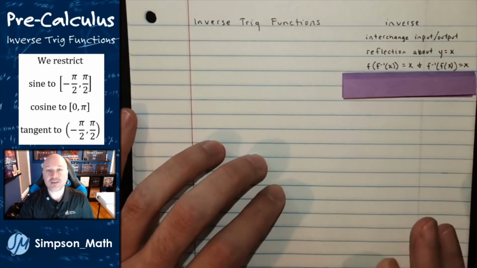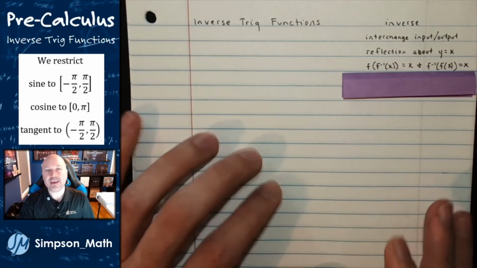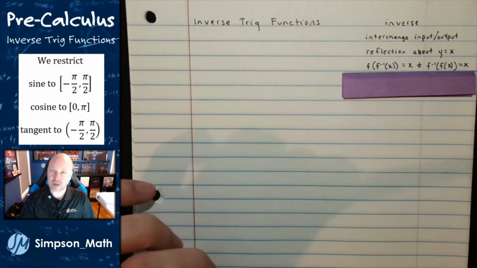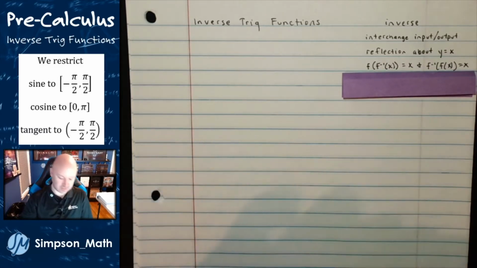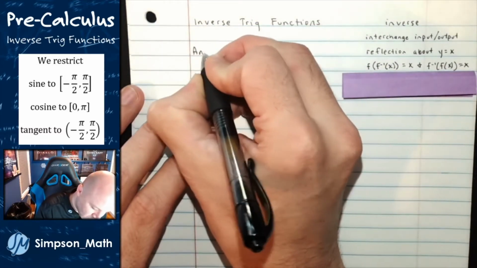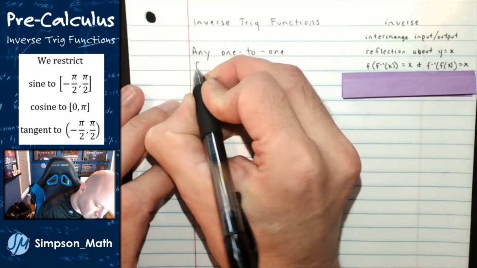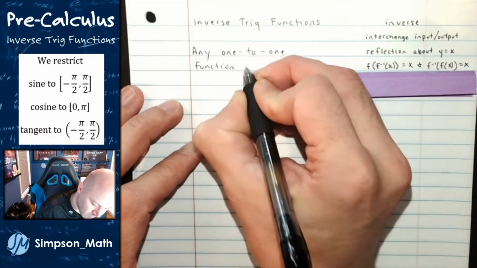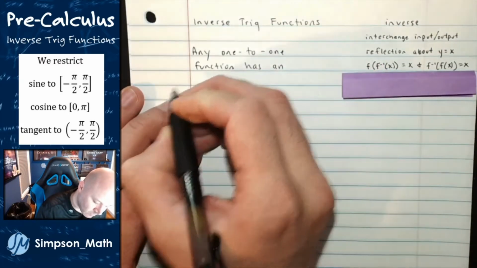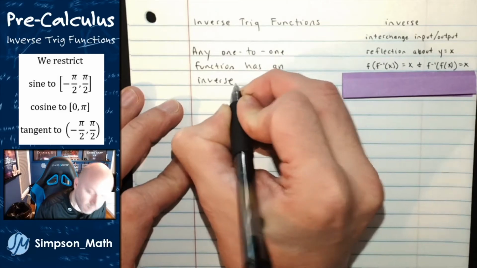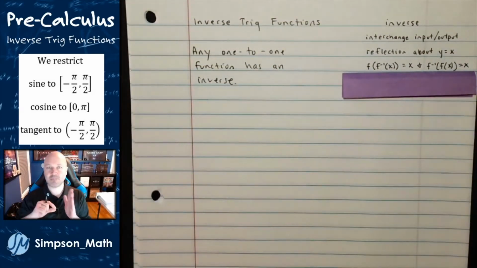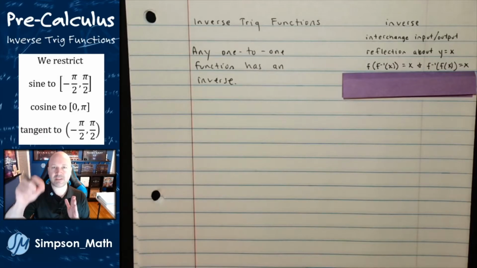Now, another way to talk about inverse functions is if a function is one-to-one, we know it has an inverse. One-to-one, it's kind of back to that. I plug in one input, it spits out one output. If it's the other way around, if every output only has one input, we call that function one-to-one.